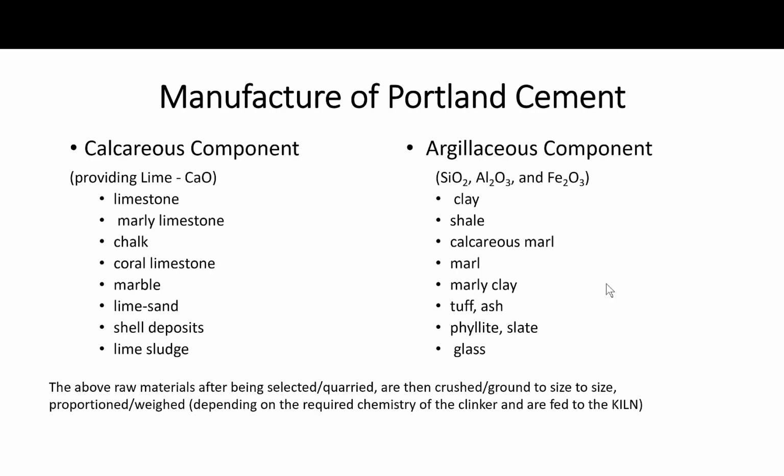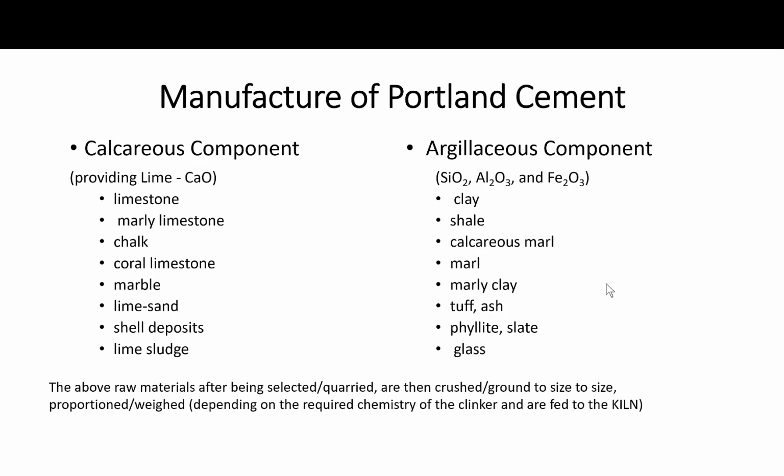So what are these materials? As an example, the calcareous component, which provides the lime: limestone, marly limestone, chalk, coral limestone, marble, lime sand, shell deposit, and lime sludge.